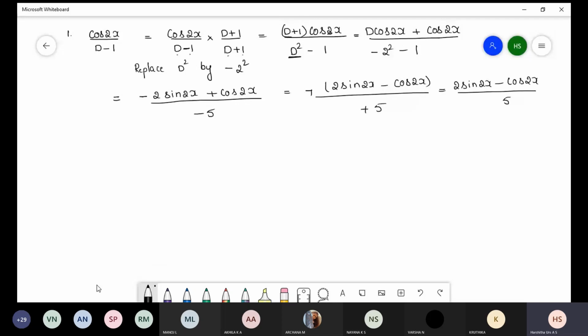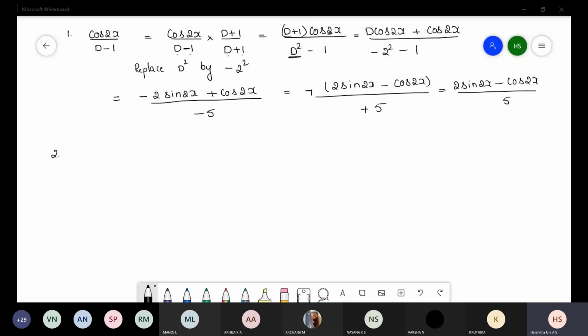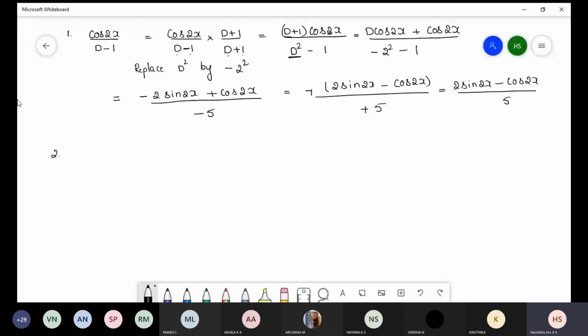Let us see the second one. Second problem: sine 3x divided by D square plus 4D plus 3.